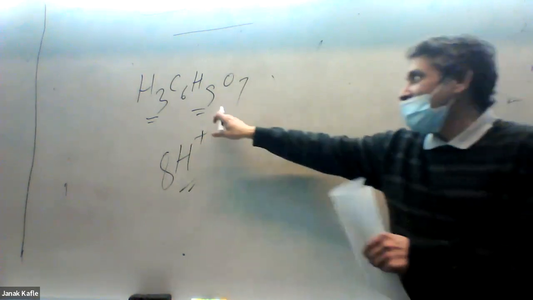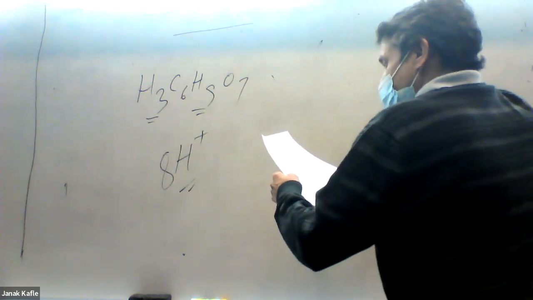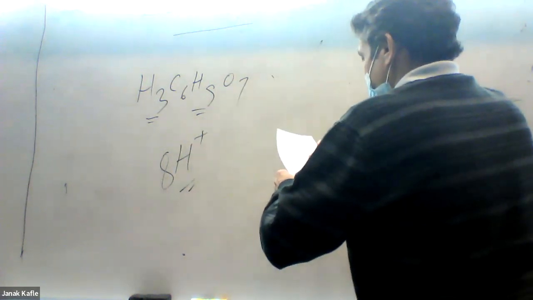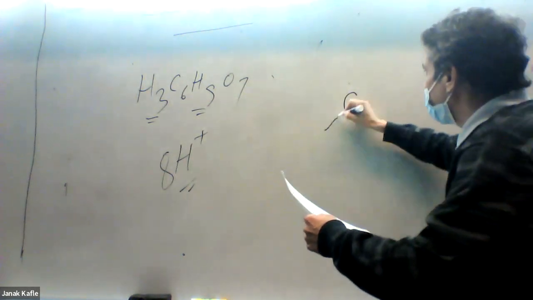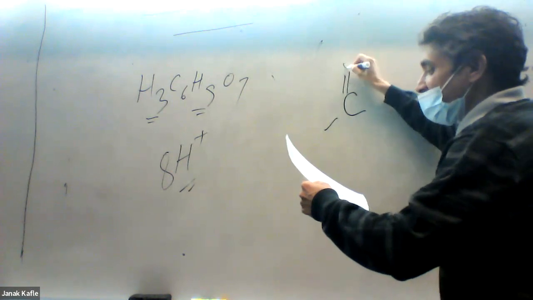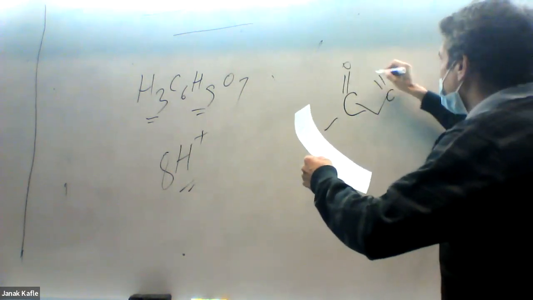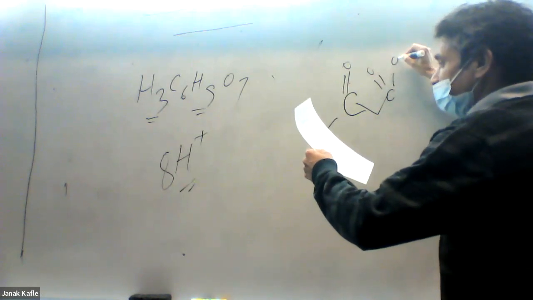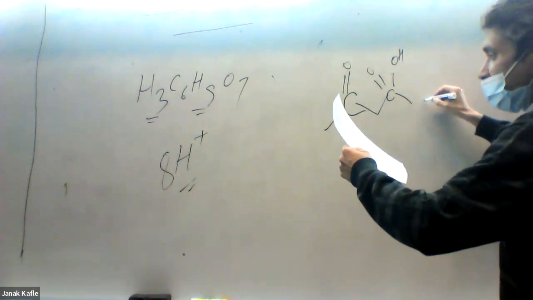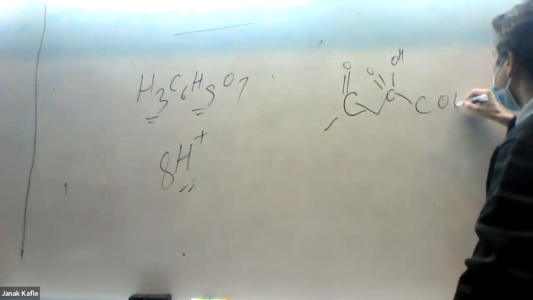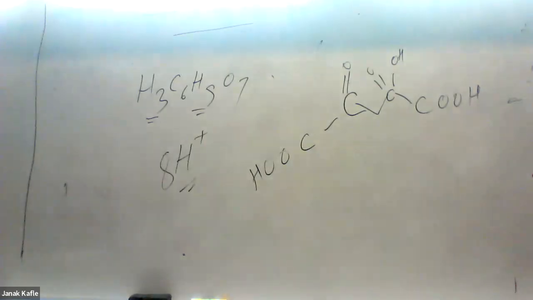This compound is called citric acid. If you write the structure of this guy, it looks like this. It's a long structure. COOH here and COOH here. I'm not even considering where I'm putting them.